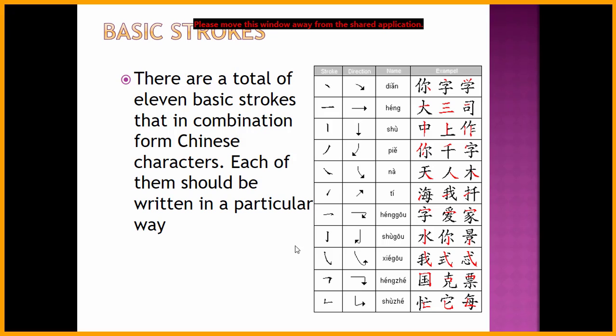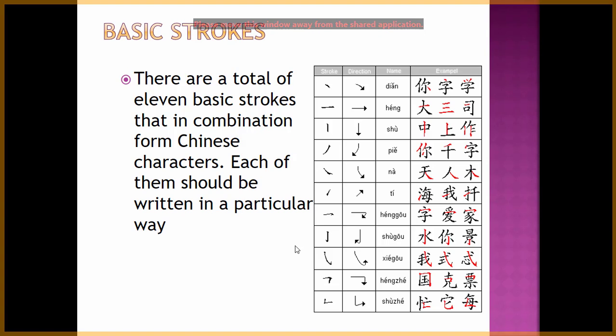So you can see their direction in the second column, direction, right? These are the arrows. How to write these strokes? If you know how to write these strokes, you can easily write Chinese characters.